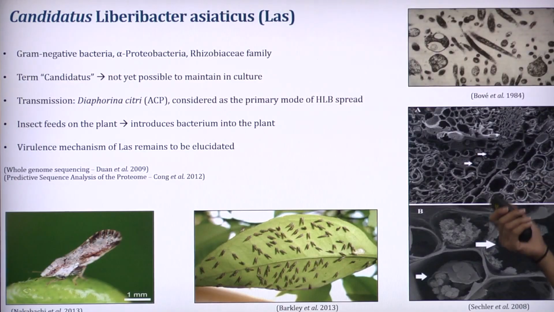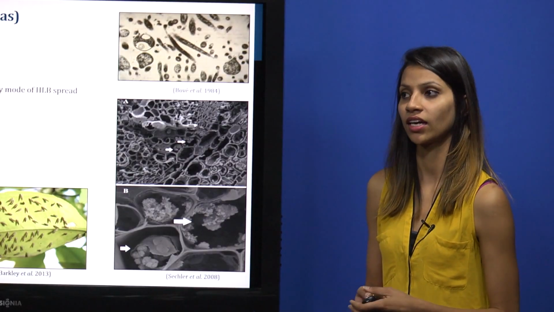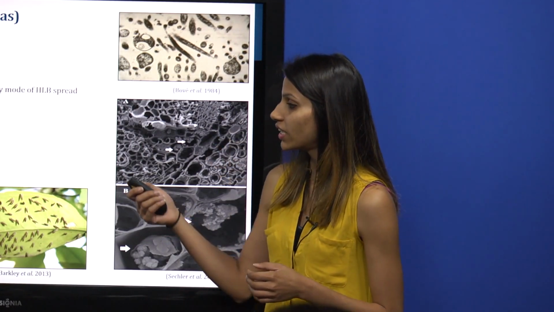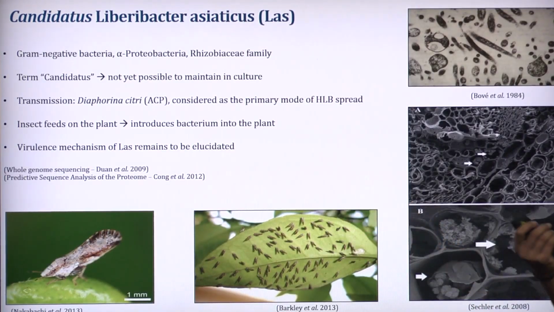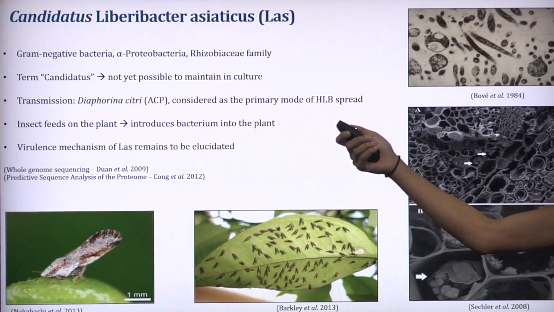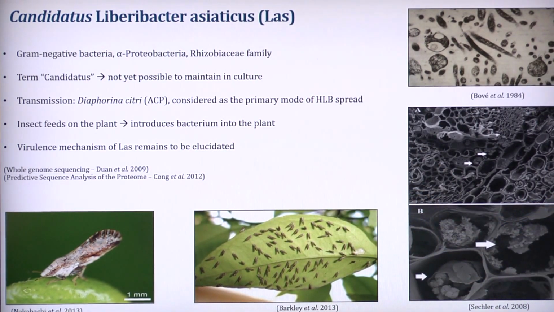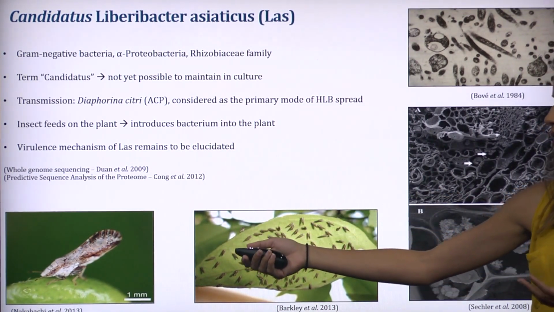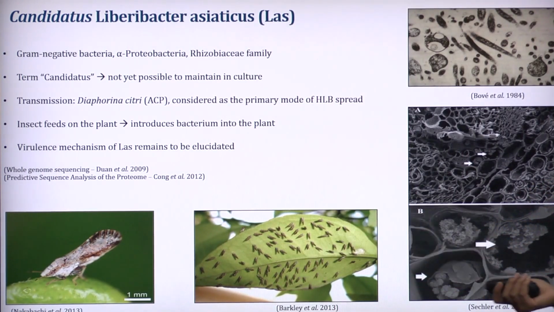But it has two hosts. One is the plant host, which actually gets affected by the citrus greening infection. But it also has a vector host, which helps it to move from one tree and infect another fresh tree. So the vector host is the Diaphorina citri, or the Asian citrus psyllid, and when an infected psyllid bites the plant, it introduces the bacterium.